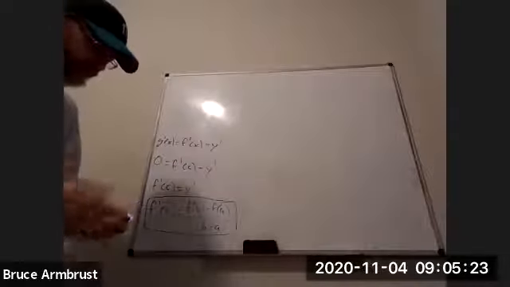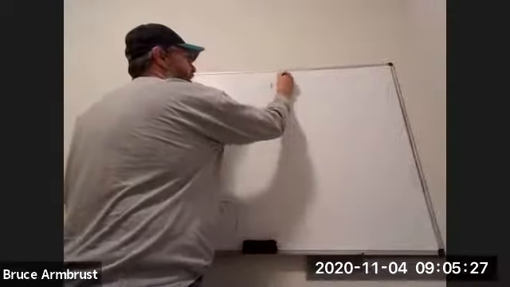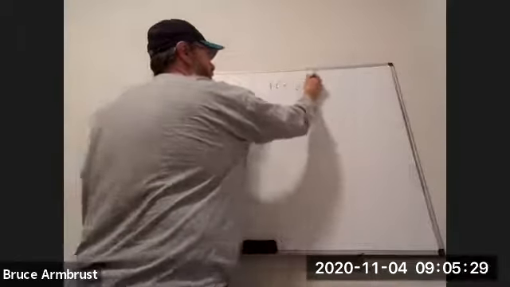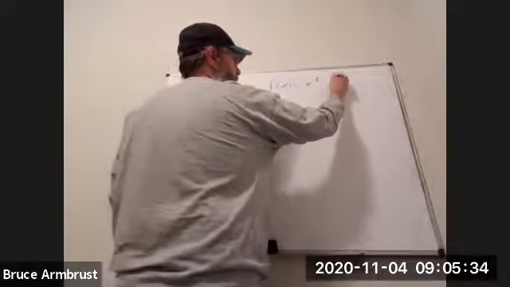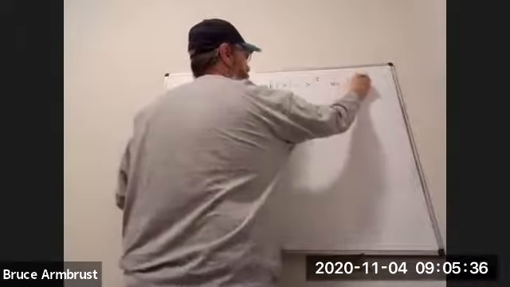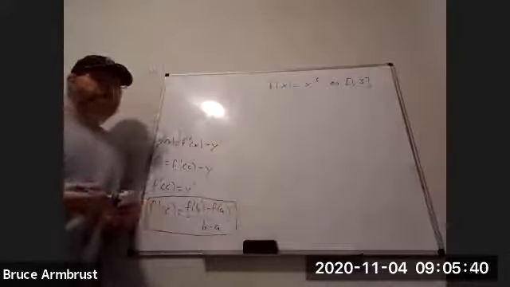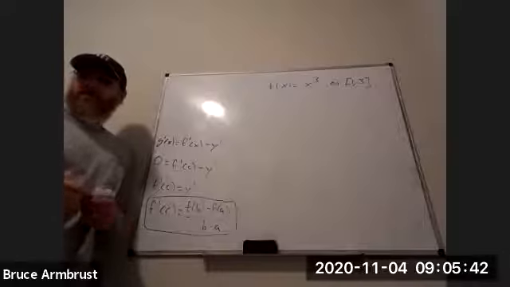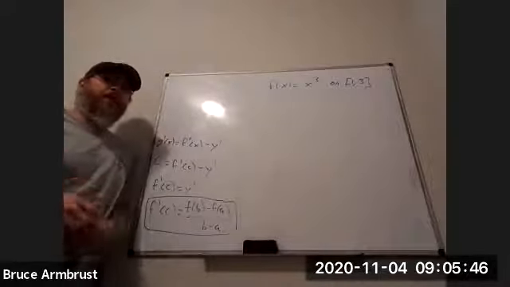So super easy function. Let's just go with, say, f of x equals x cubed. And let's look on the interval 1 to 3. So first, consider the conditions necessary for the mean value theorem.